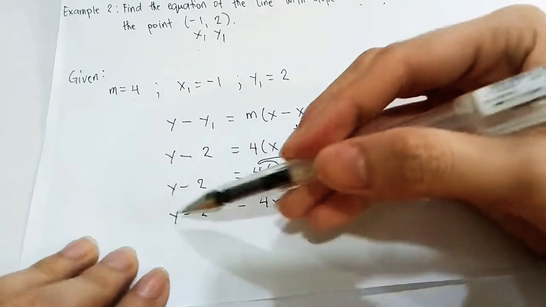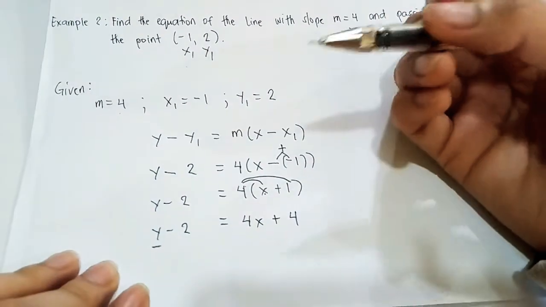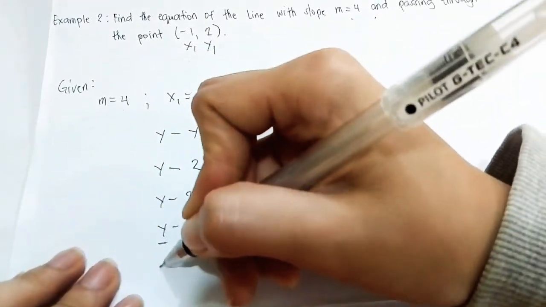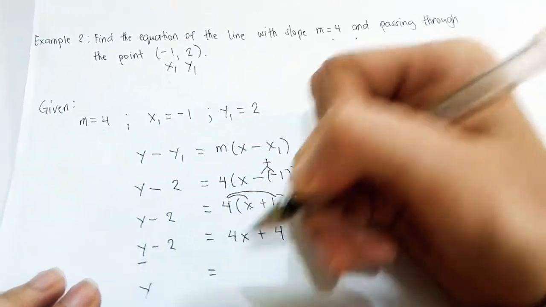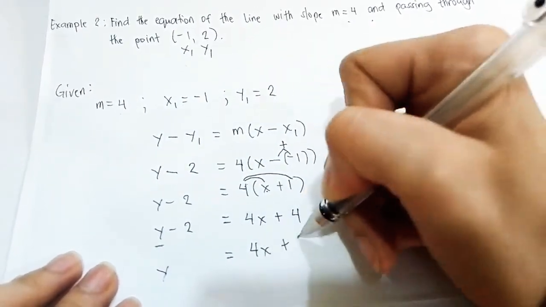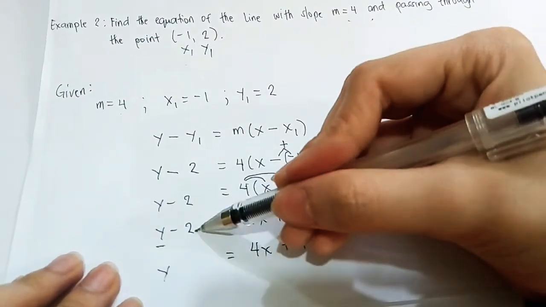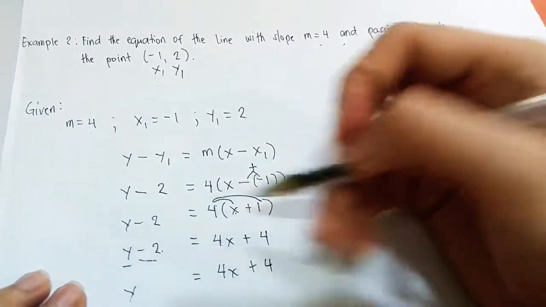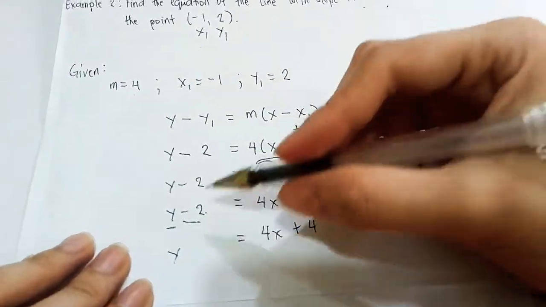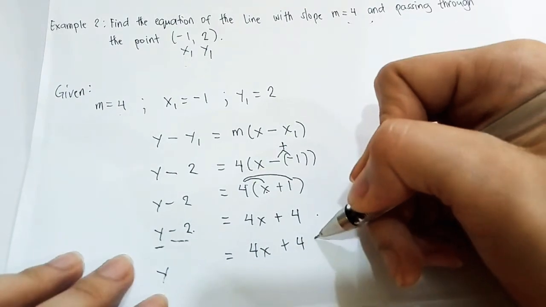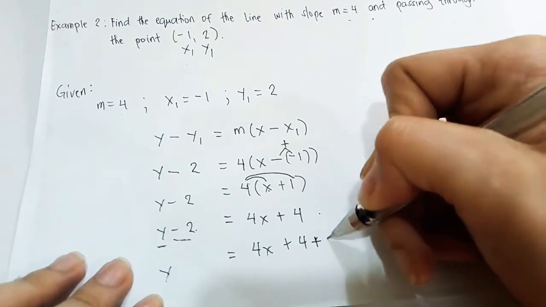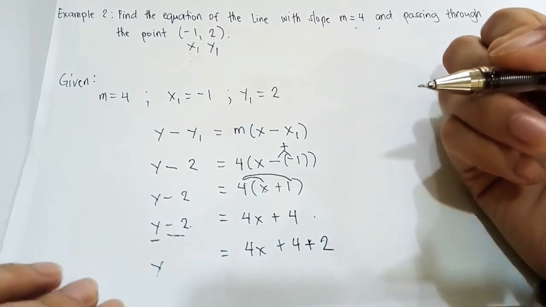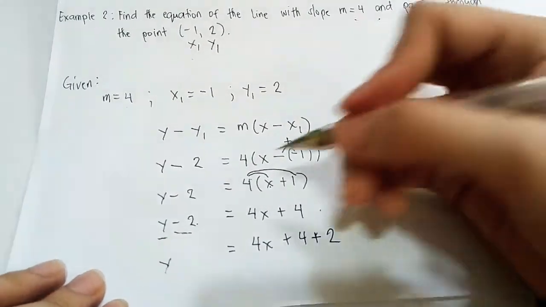we are going to isolate the variable y. So we have y equals 4x plus 4. So we're going to transpose negative 2 to the other side. So negative will become positive. So we have positive 2 or plus 2. Next, combine like terms.